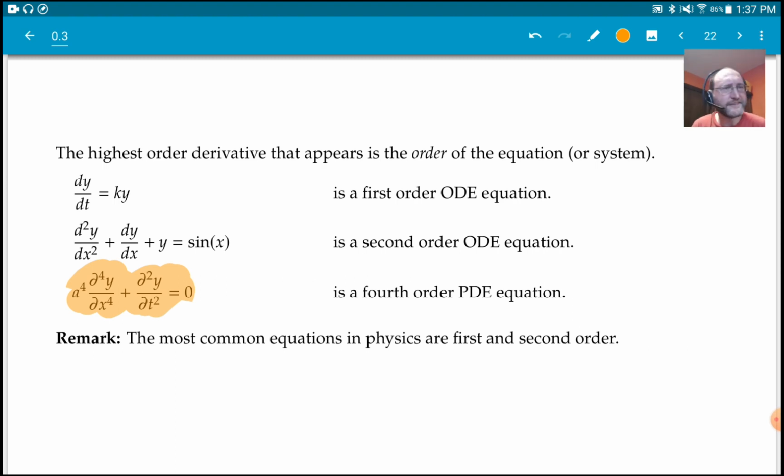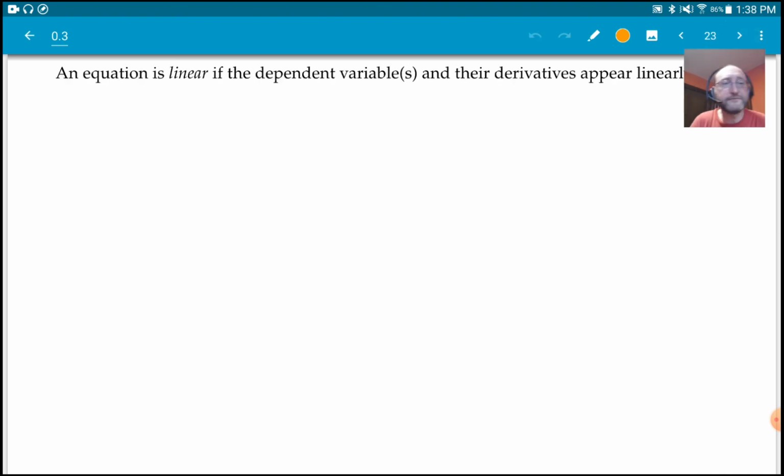But most of the time you see first and second order equations, so we'll spend the most time on those. And those already show you all those things that make differential equations difficult. You already see all that in second order, really.